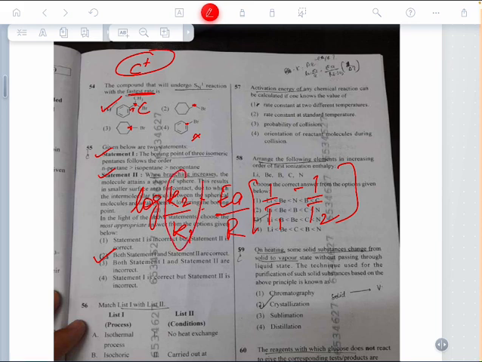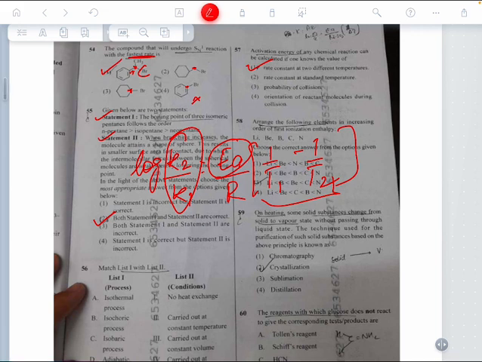So if I know the rate constant at two different temperatures, I can certainly calculate Ea, that is activation energy, from that equation. So rate constant at two different temperatures is required for calculation of activation energy.